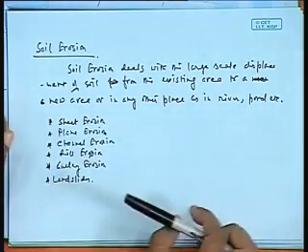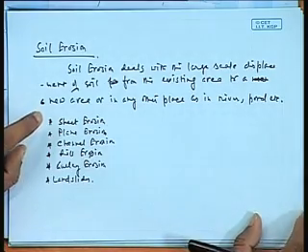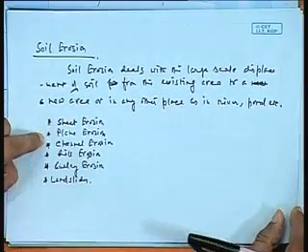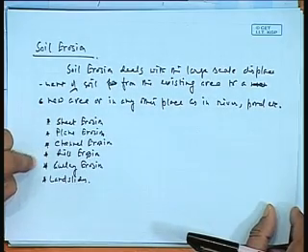So, these are sheet erosion, plain erosion, channel erosion, rill erosion, gully, and landslides. Let me further explain this.